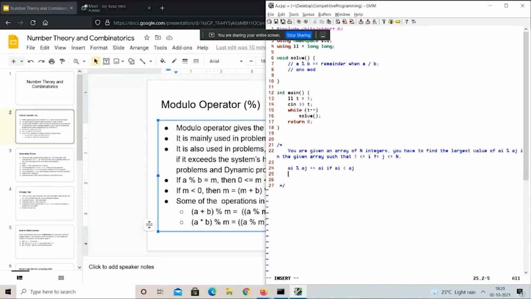Why does it happen? AI is equal to AJ into 0 plus AI. This is an observation that we have to make, because sometimes we don't figure out these observations, and as a result we won't be able to figure out how to solve this problem.